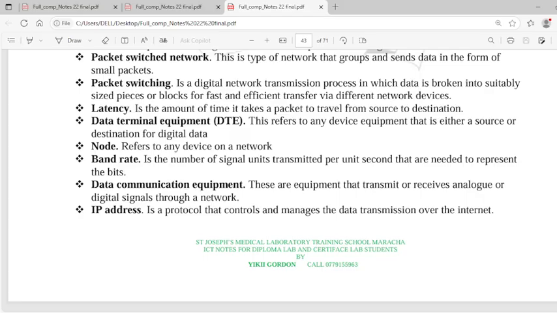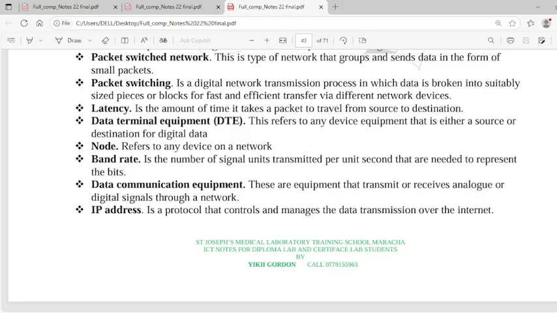or where it arrives. A node refers to any device on a network. This can be a source device, a destination device, or any other. Anything that is included in a network becomes a node.